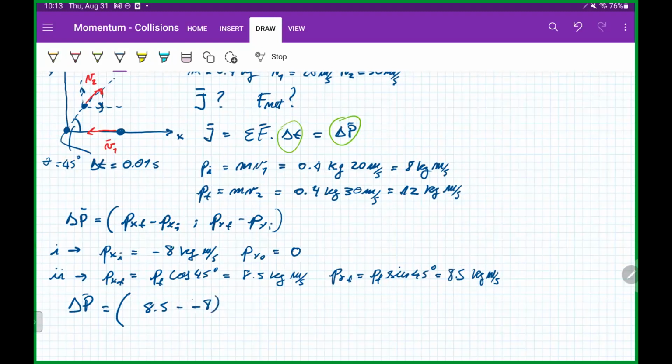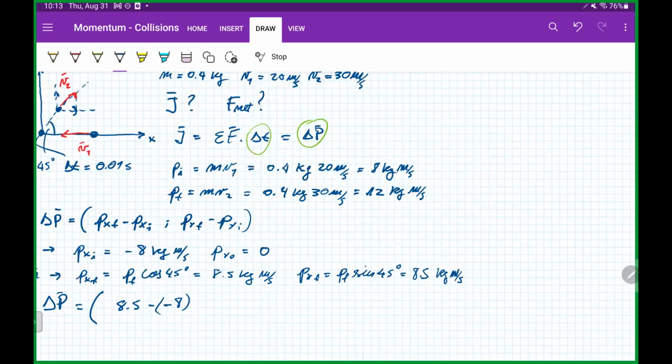So that's plus 8, right? Kilogram meters per second. And the other component would be 8.5 minus 0 kilograms meters per second.